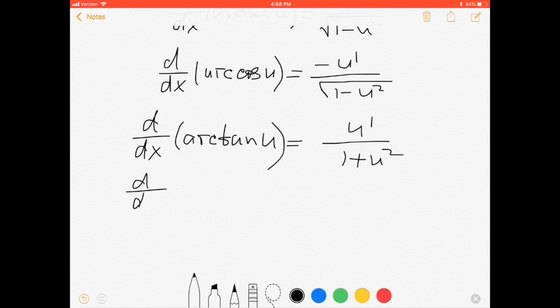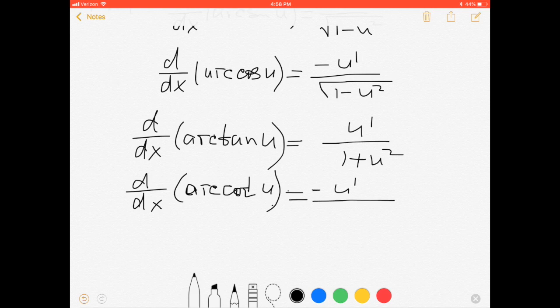And the derivative of arccotangent u will be minus u prime over 1 plus u squared.